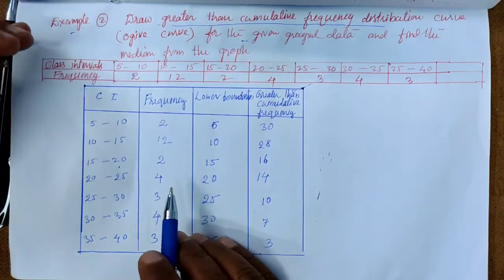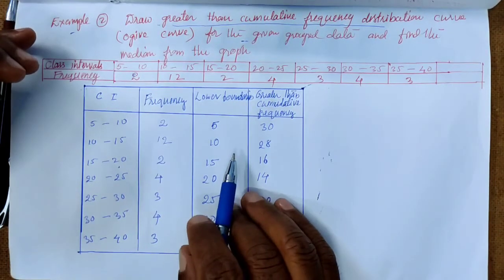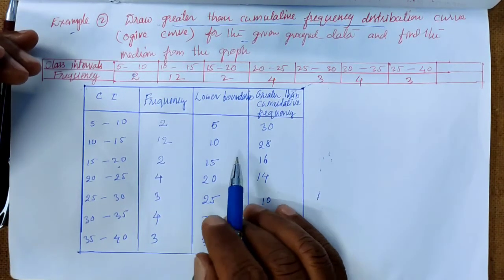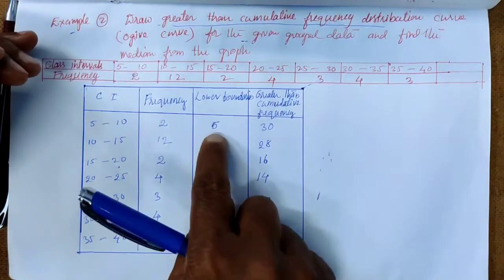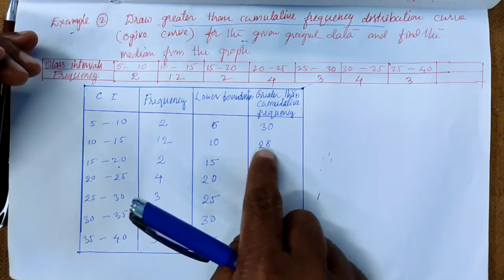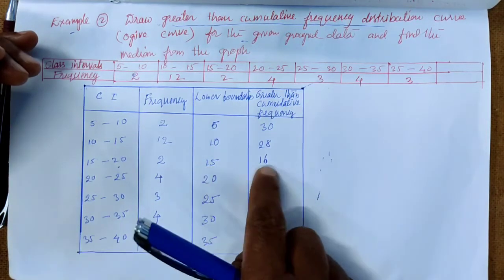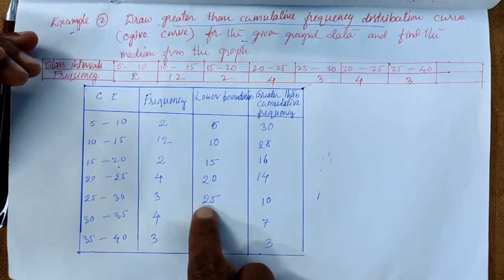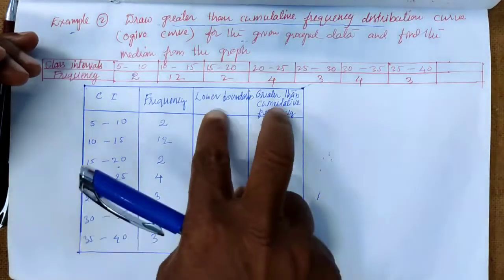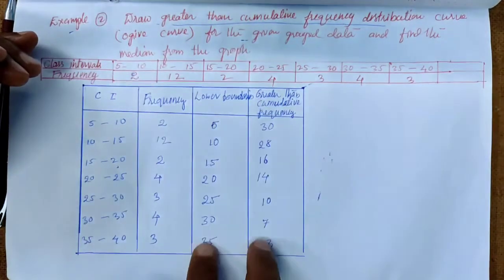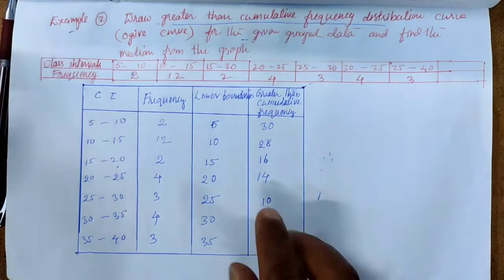Now we have to locate points on the graph according to these ordered pairs: (5, 30), (10, 28), (15, 16), (20, 14), (25, 10), (30, 7), (35, 3).